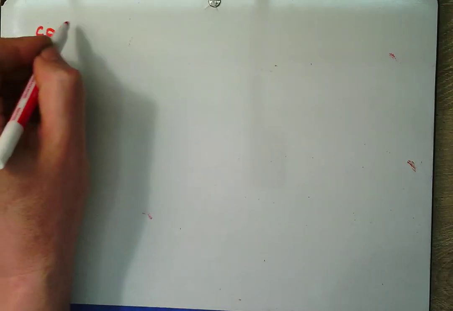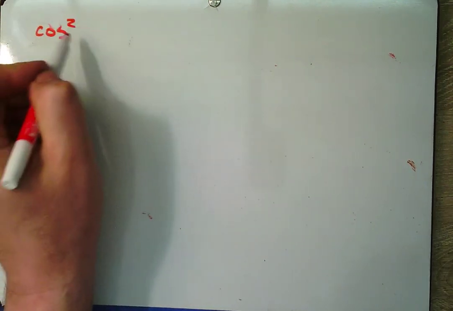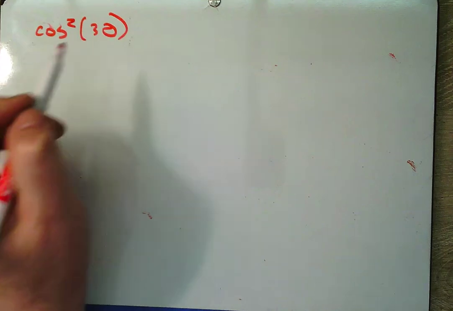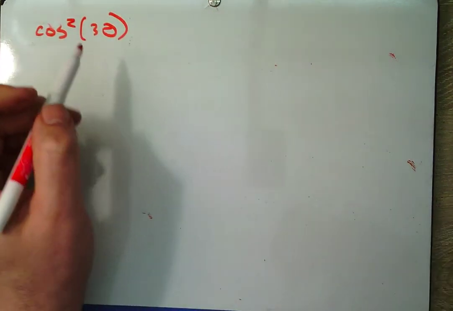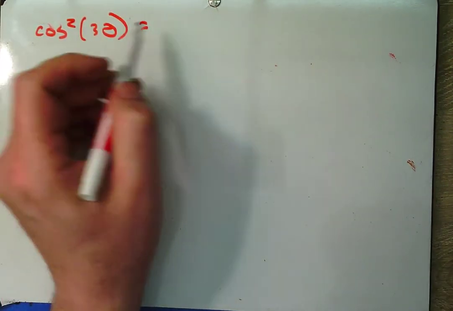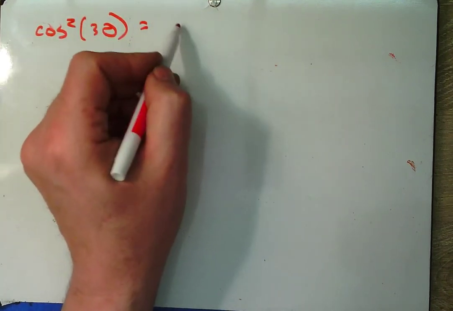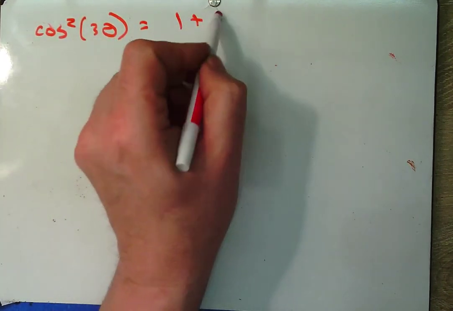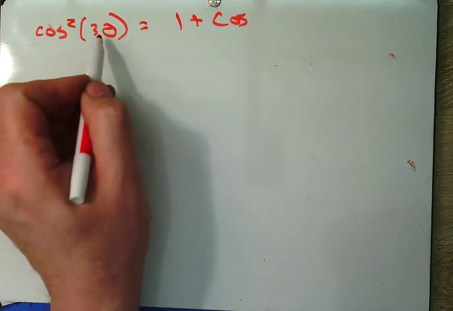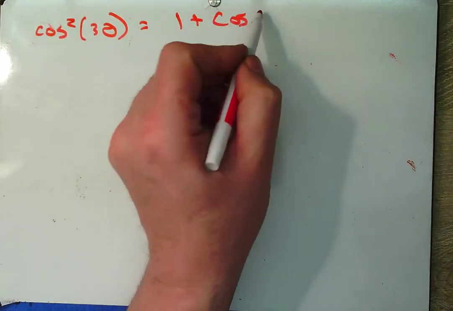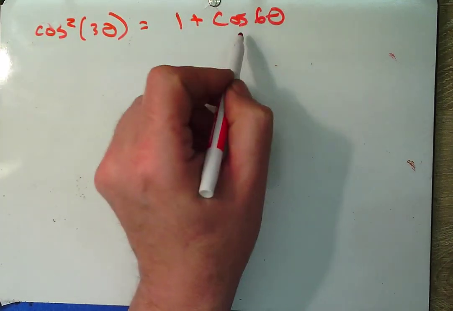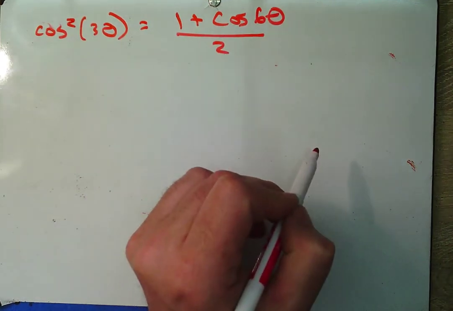Okay, so how would this be different if I had cosine squared 3 theta? Okay, well, so we know the power reducing identity for cosine squared is 1 plus cosine twice that angle. So this would be 6 theta over 2.